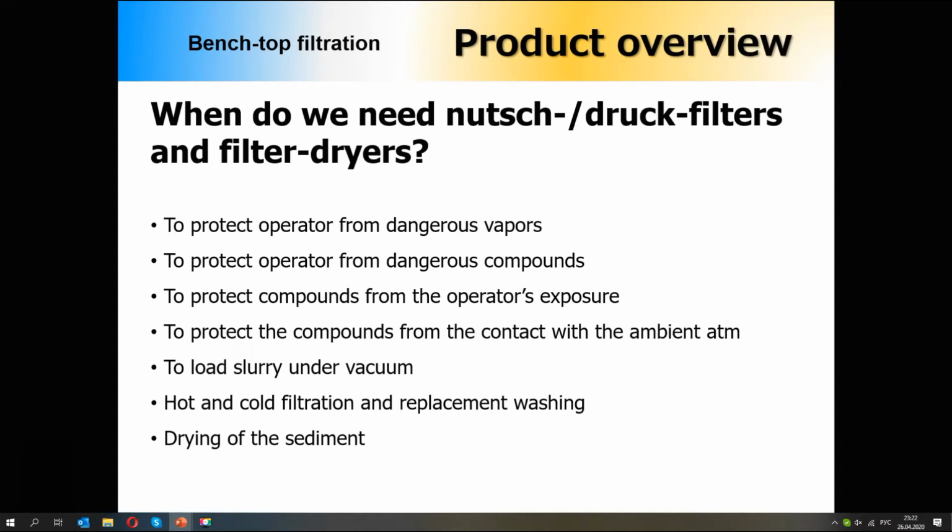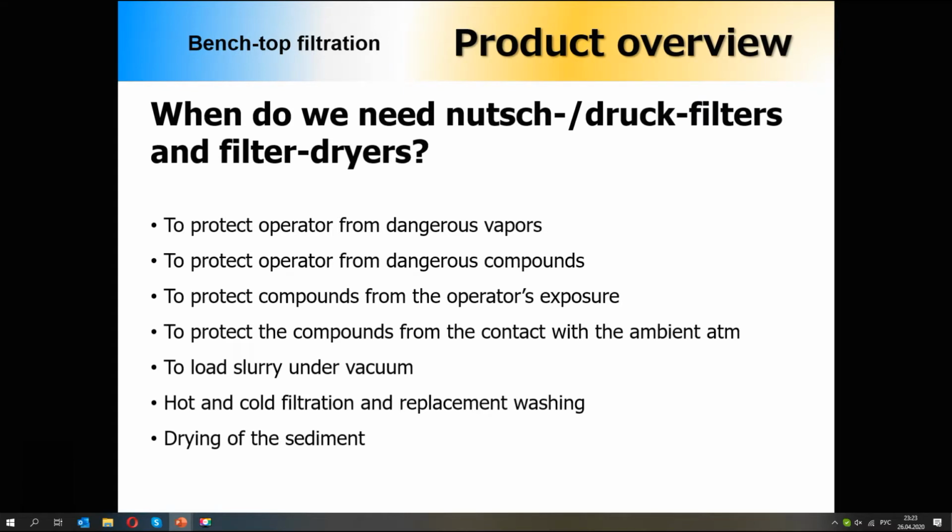So first of all, we need the Nutsche or Druck filter and filter dryer when we need to protect the operator from dangerous vapors. Of course, when we're talking about the filtration of 100 mL of slurry in acetone, it is not that extremely dangerous.